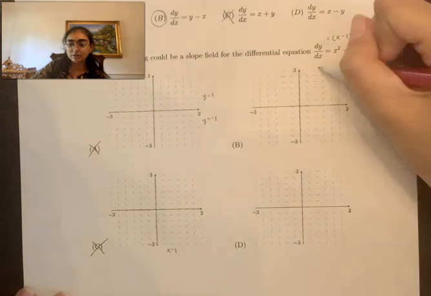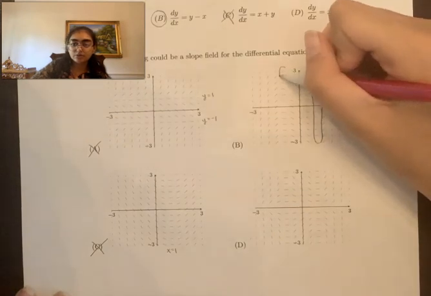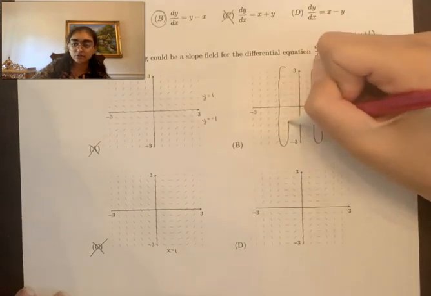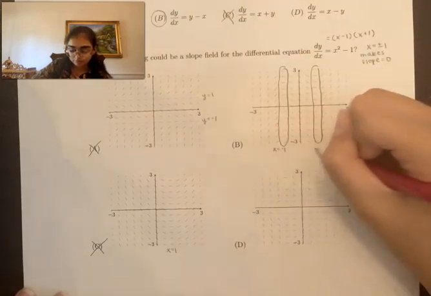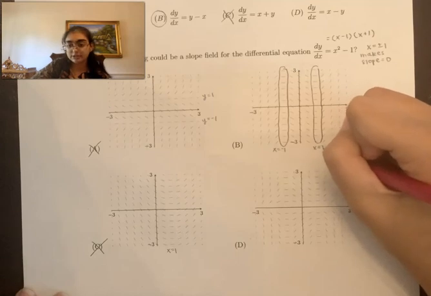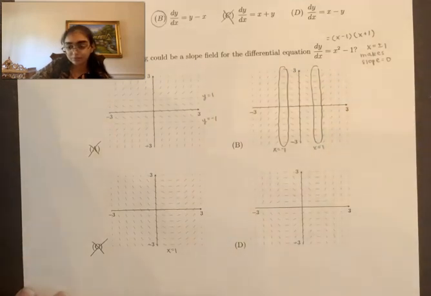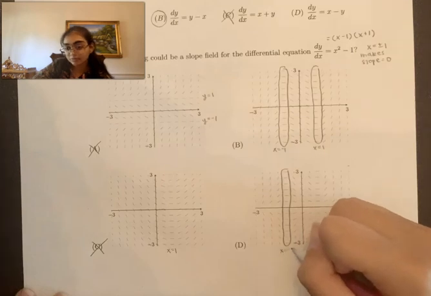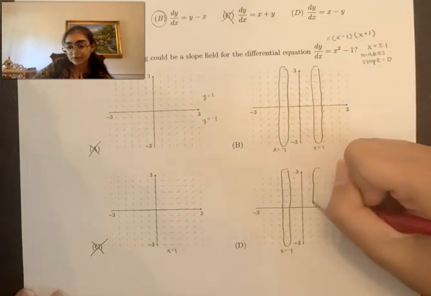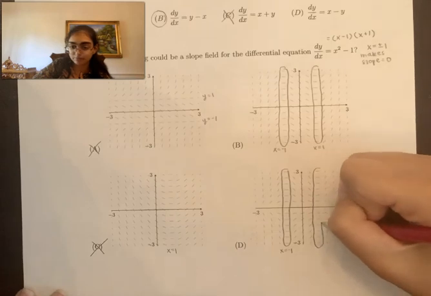Moving on, if we look at B, we see that the slope is equal to 0 at x equals 1 and x equals -1. However, D also has a slope equaling 0 at x equals -1 and x equals 1.